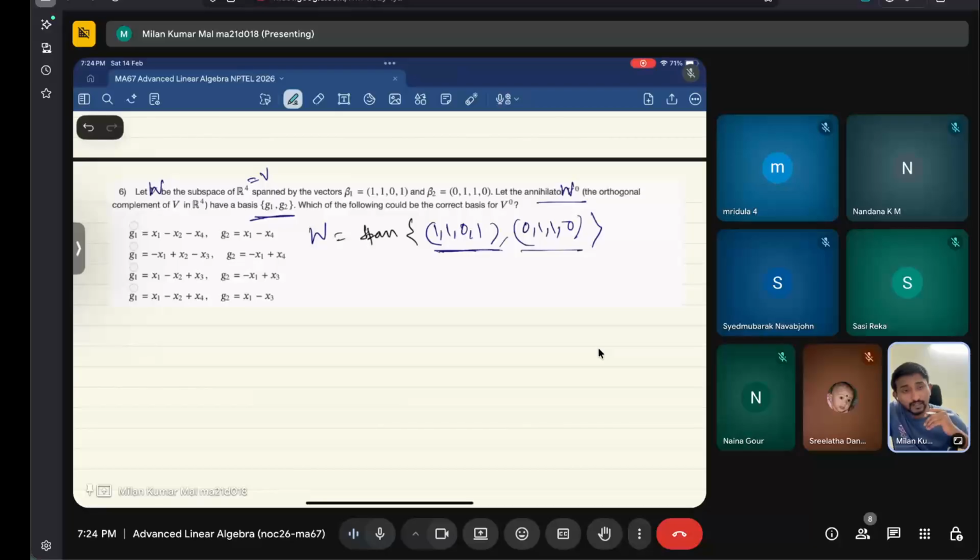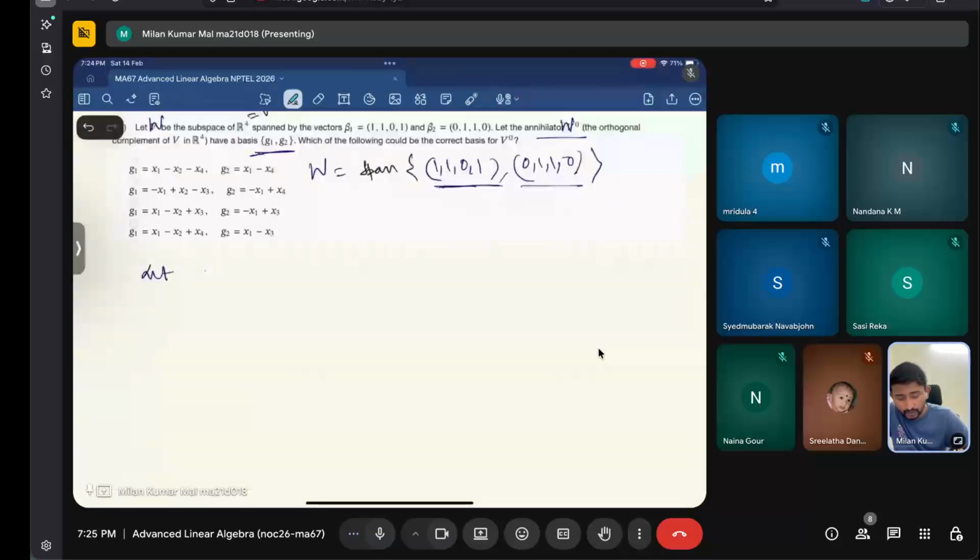So what is the general form of a linear functional? Let f from V to F be a linear functional, where V here is R4, which doesn't matter.